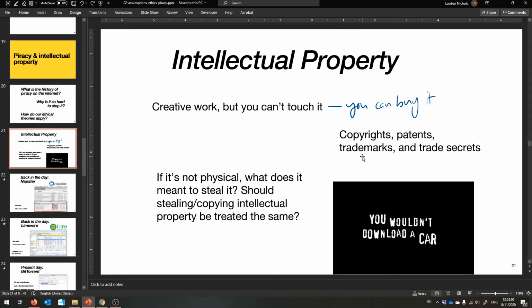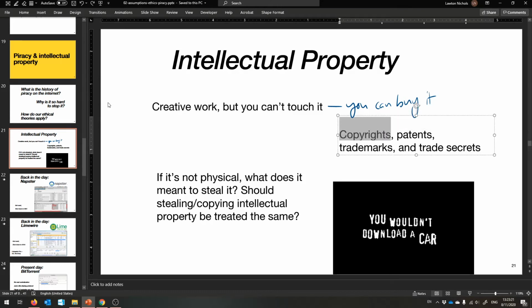So examples of intellectual property are things like copyrights, patents, trademarks, trade secrets, things like that. Somebody copyrighted PowerPoint so that nobody can use the PowerPoint name and make everything look exactly the same. That's the idea. They patented this user interface, perhaps.